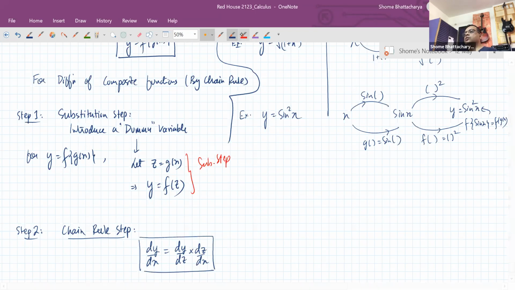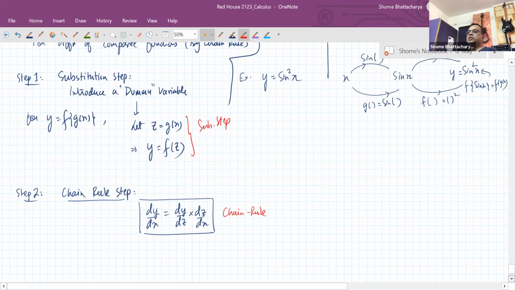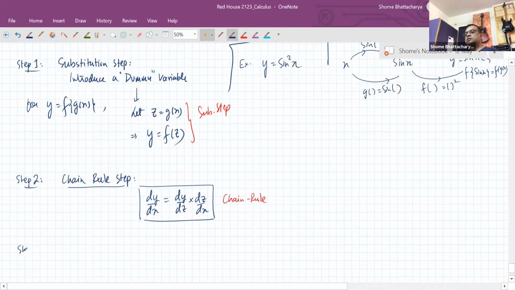This is the chain rule. And the third and final step to get the answer is resubstitution.